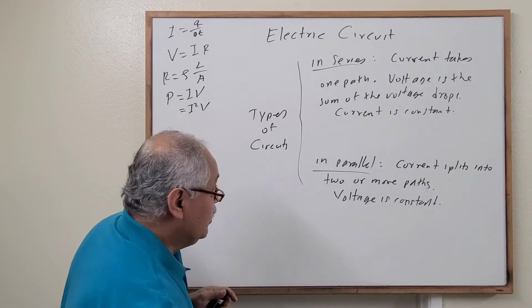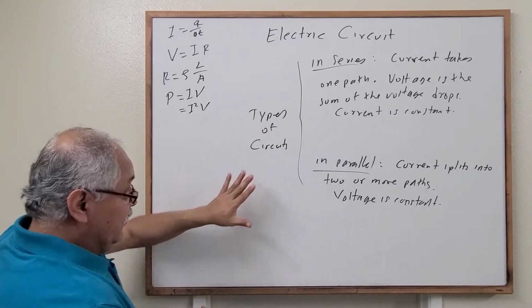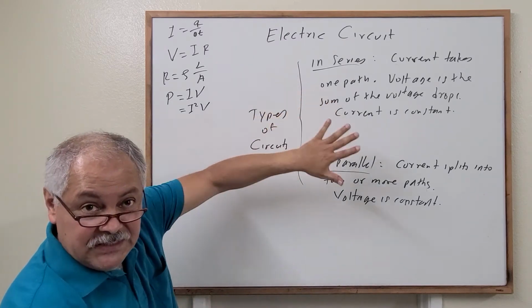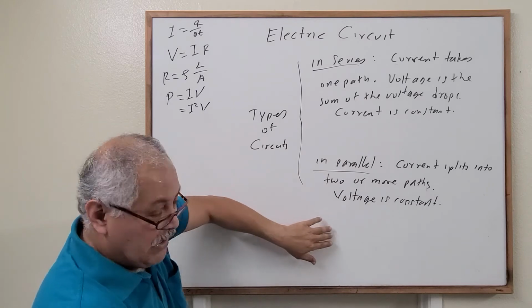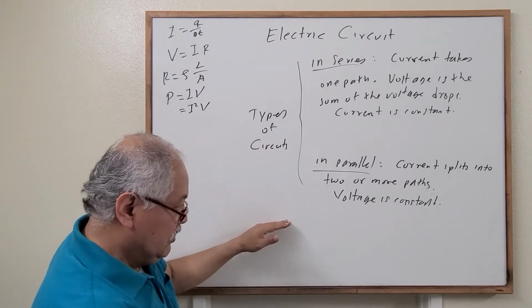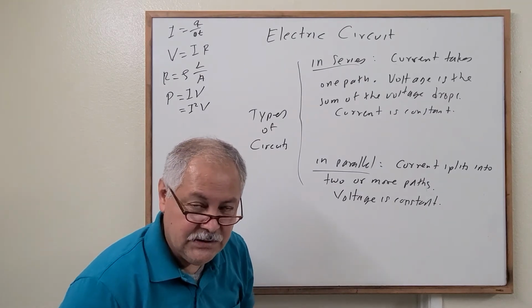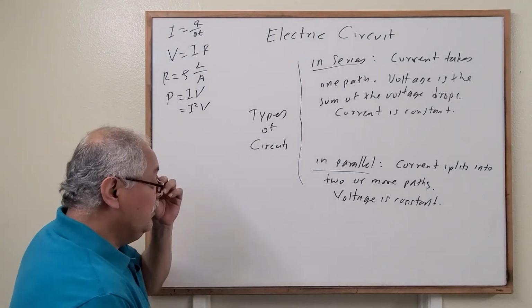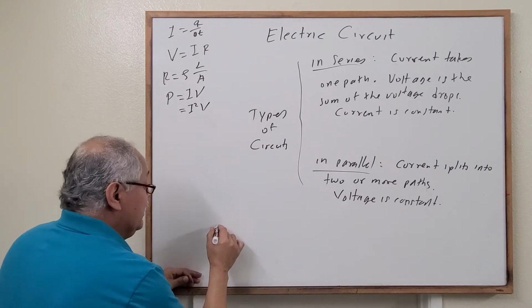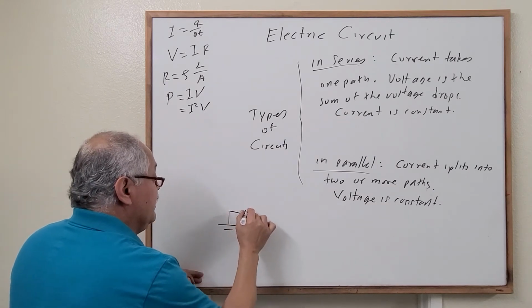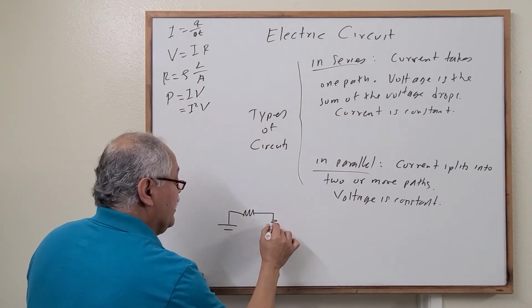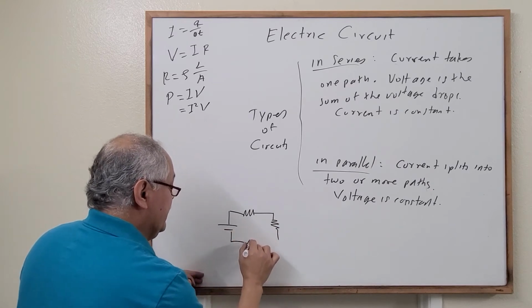Great. So in series, for the moment, let's work only with resistances. We mentioned that we have circuits using only resistors, and then circuits using only capacitors, and so on. Let's go only for resistors. Let's use the battery, and these are the resistors. Imagine that we have three resistors for simplicity.